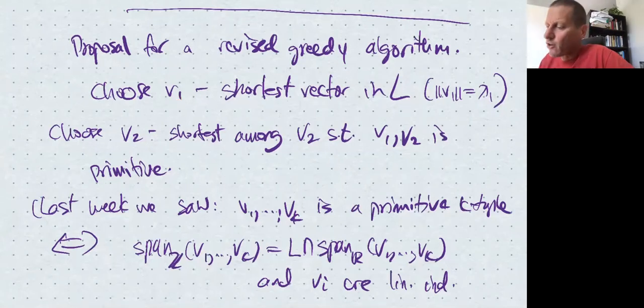And the suggestion here, or maybe that's not your suggestion, but I'm taking it as a suggestion, is that you could say, let's just take the shortest V2 for which V1 and V2 together satisfy this condition. And then you can continue.